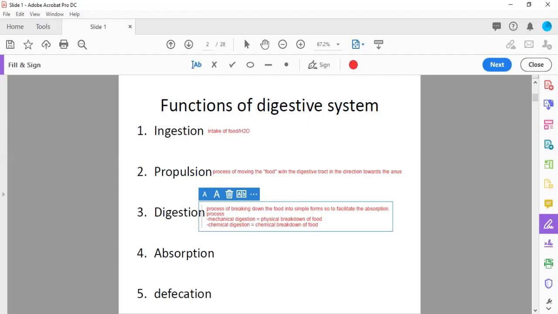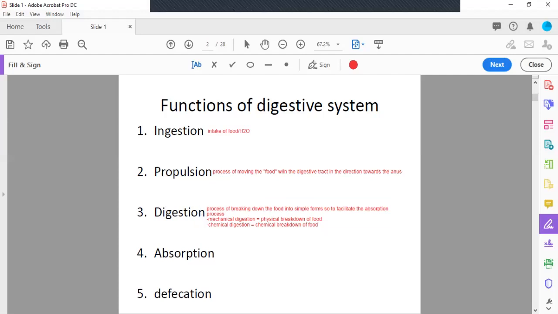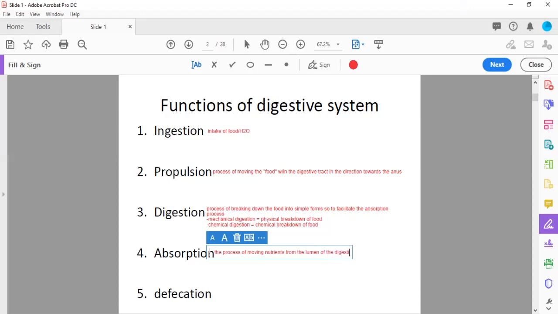Now, what exactly is absorption? The basic absorption just means the process of moving nutrients from the lumen of the digestive tract into the bloodstream. So in absorption, you're moving everything from the digestive tract into the bloodstream. Here's what they say: unless you absorb the nutrients, it is not a part of you yet.